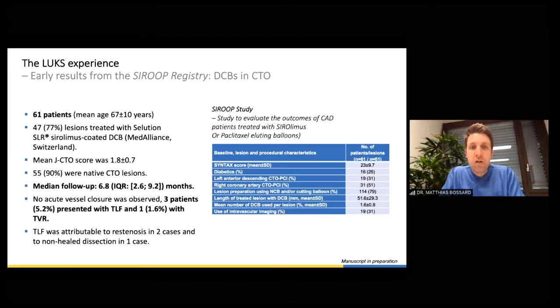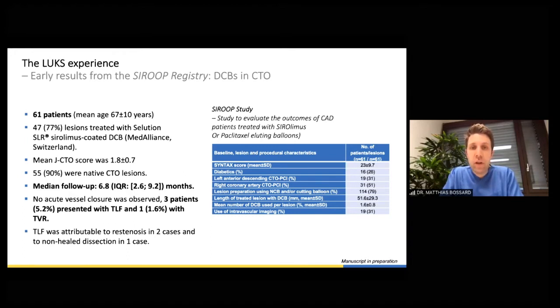But the results are what I consider quite promising: only 3 patients had a target lesion failure, only 1 patient was symptomatic and required urgent management, and we had no acute vessel closure.